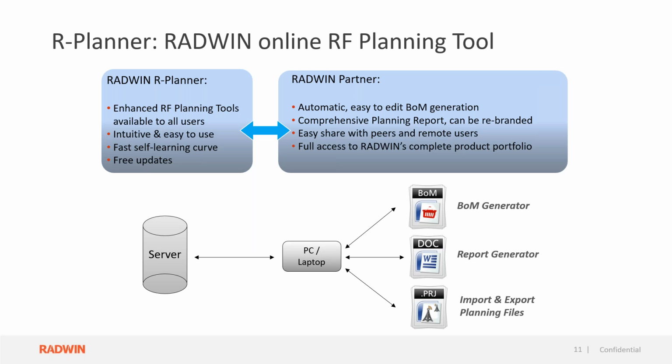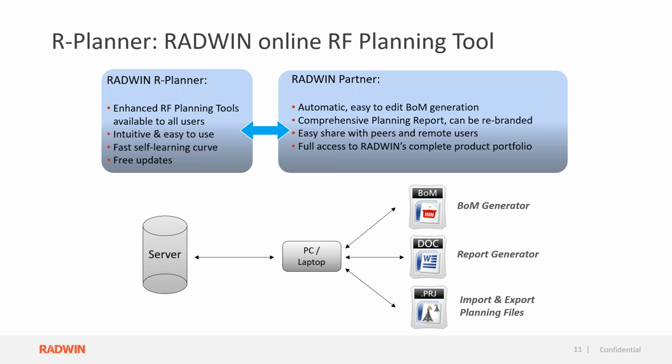So the RADWIN R Planner is an enhanced RF planning tool available to all users. Once you get the credentials, register to the portal, and do the training, you will be able to start working. Intuitive and easy to use, fast self-learning curve, free updates. From time to time, we add a new feature like auto connect, which allows auto connection of thousands of subscribers to base stations.